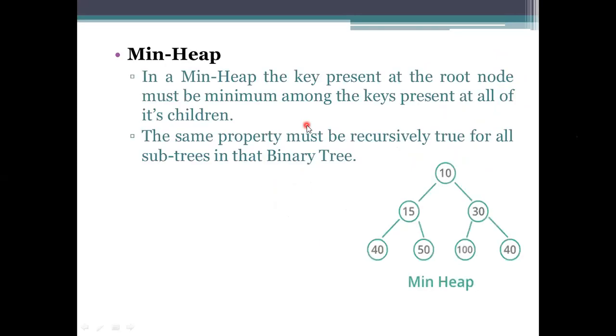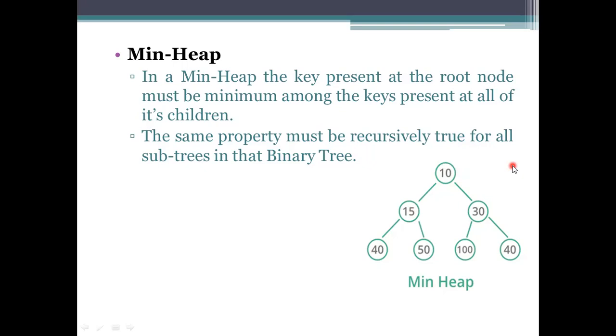Coming to the next one, min heap. Min heap means here we are having a root node value that will be the minimum when compared with the others. Max heap means the maximum value will be the root node. Minimum heap means we need to include the values such that the root node is the minimum value when compared to all the values we are having.